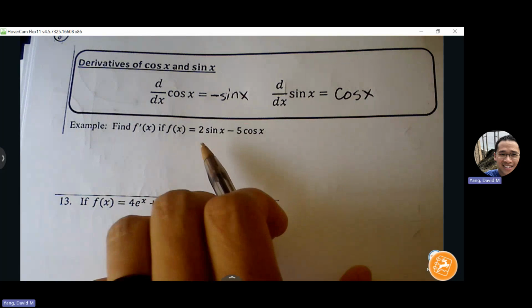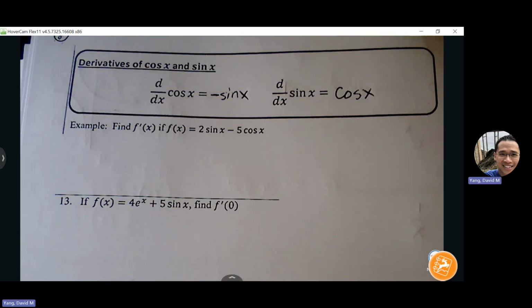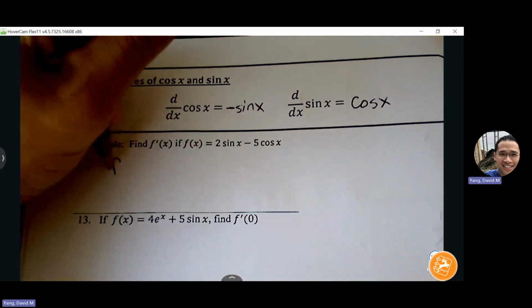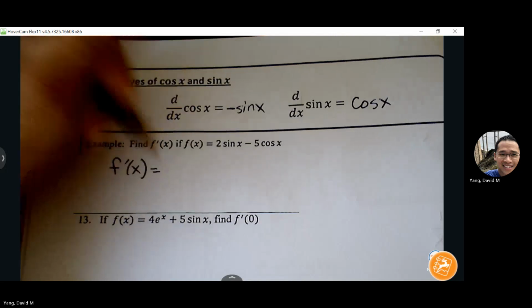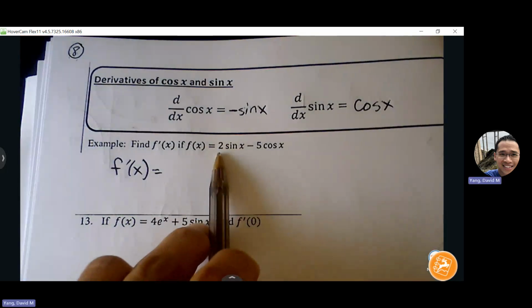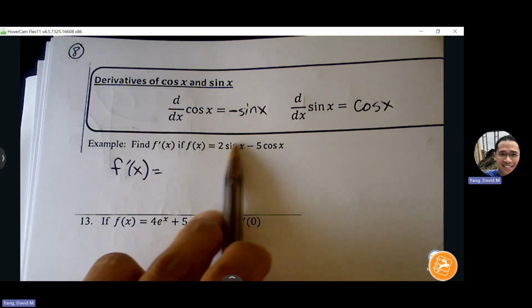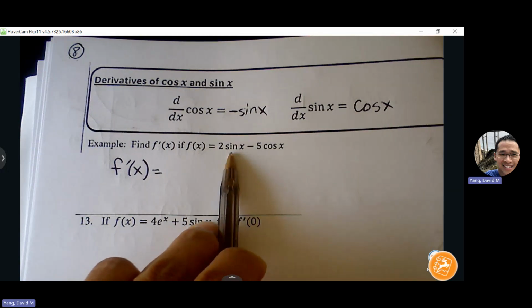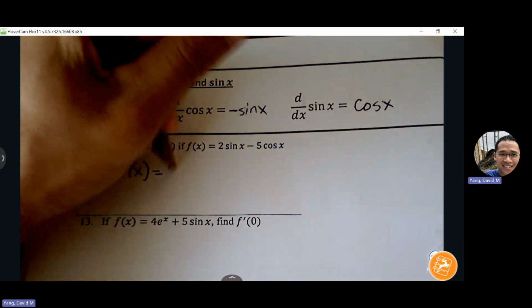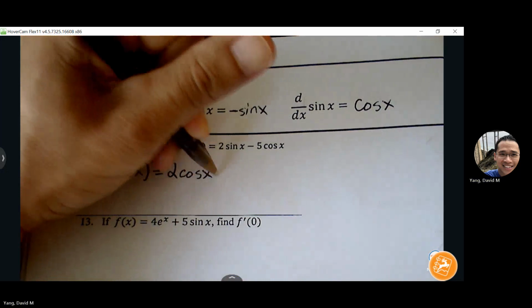Okay, so here's the example. Find f prime if f of x equals 2 sine of x minus 5 cosine of x. So f prime. The 2 is going to stay because it's hanging out in front of a variable expression. What's sine x's derivative? Cosine x. So simply make that replacement.